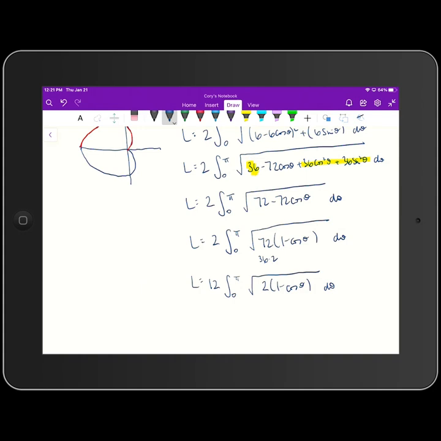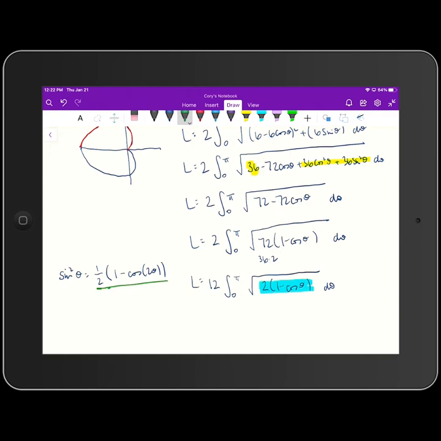But this relates to something that we have worked with before, because if you remember our power reducing formula, we said that, for example, the sine squared of theta was equal to 1/2 times 1 minus the cosine of 2 theta. Well, when I look at the argument of the radical here, I think it resembles what we have on the right-hand side of this equation.